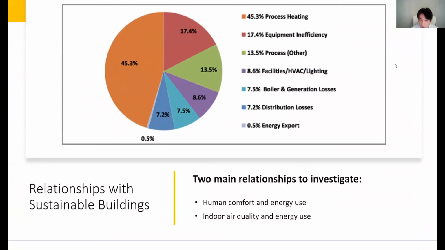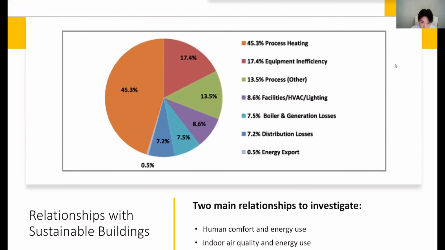And for sustainable buildings, we need to consider the energy usage of the building, how to make the building actually energy efficient. If you look at the energy mix pie chart on the slide, the majority of energy used in a building is attributed to process heating and other equipment, but the majority is process heating, especially for a cold climate like Canada, right?